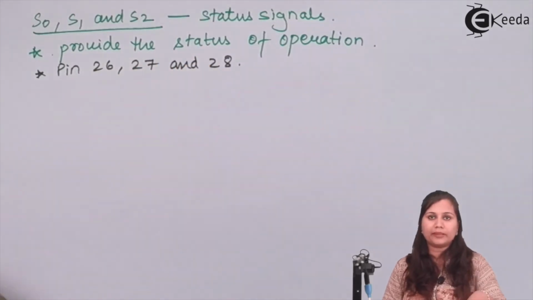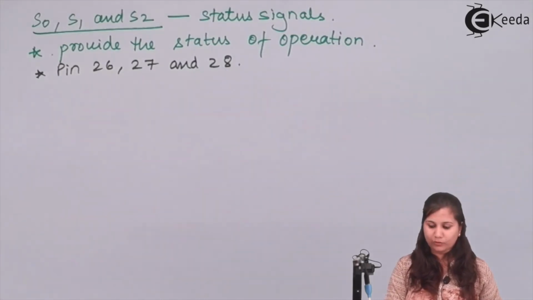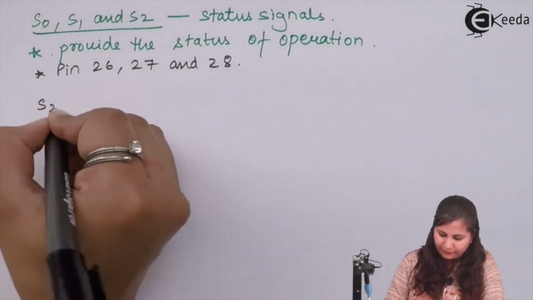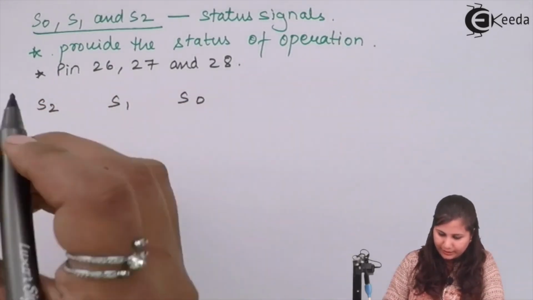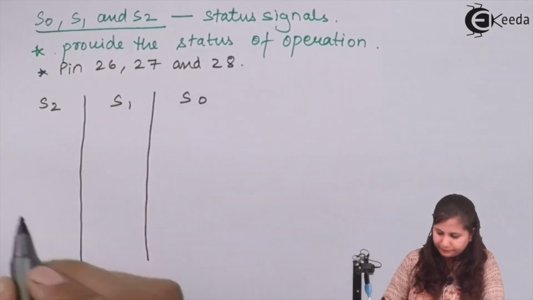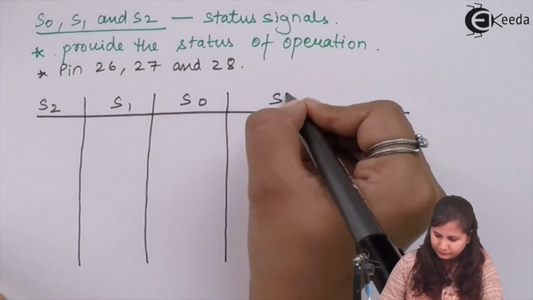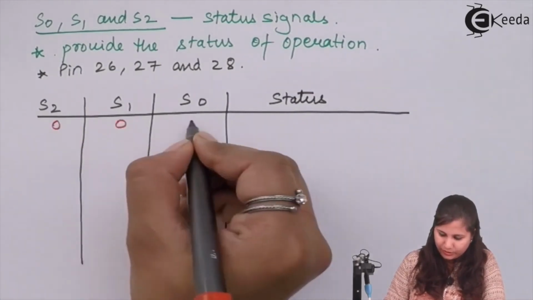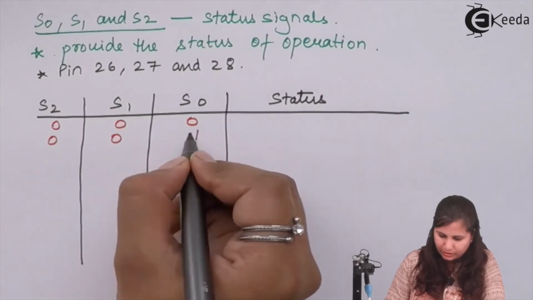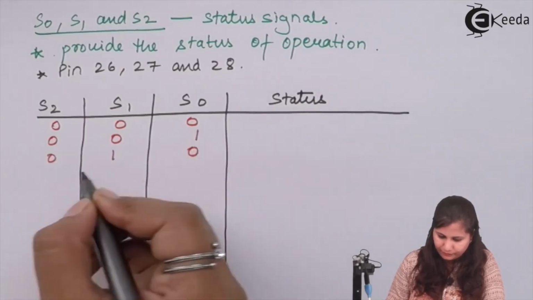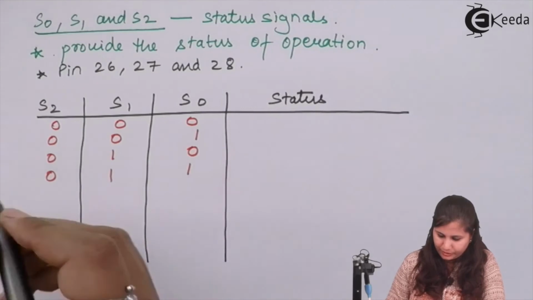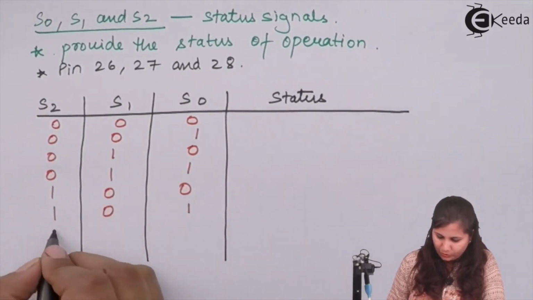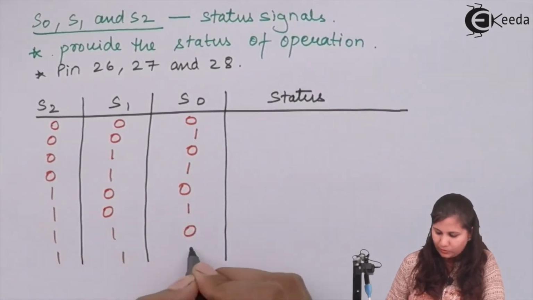So let us see the combinations of these three signals, and what kind of operation they describe. We have S2, S1 and S0. We can have different combinations like 0 0 0, 0 0 1, 0 1 0, 0 1 1, then 1 0 0, 1 0 1, 1 1 0 and 1 1 1.